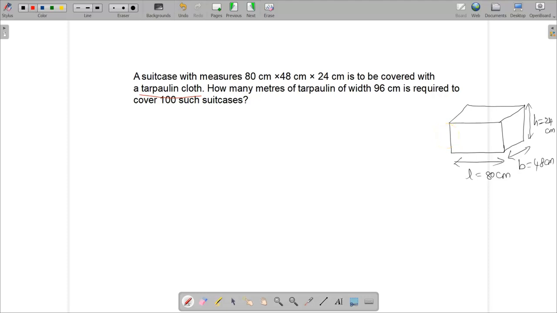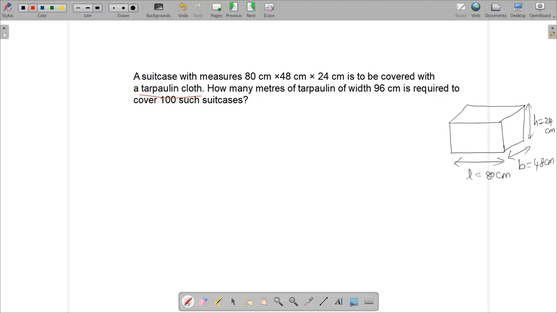We have 100 such suitcases, all kept adjacently, and overall the 100 suitcases have to be covered with the tarpaulin cloth. For example, if you have one mobile and accumulate 100 such mobiles in an adjacent manner, and everything has to be packed in a gift wrapper, assume it like that.